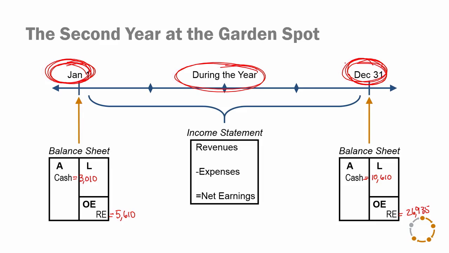Recall, it did pay some dividends, but it has retained over its life $26,935 of earnings. Net earnings on the income statement this year, $29,325. Revenues, expenses.